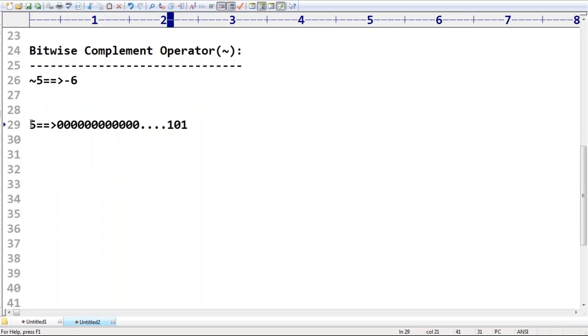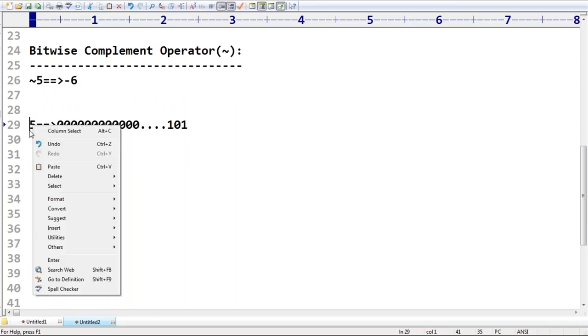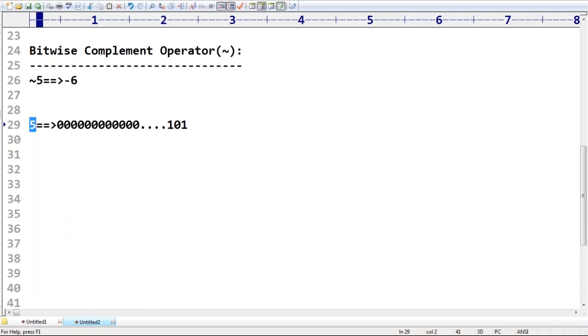According to bitwise algebra, remember this very carefully, sir. Is 5 a positive number or a negative number? Positive. The most significant bit acts as the sign bit.